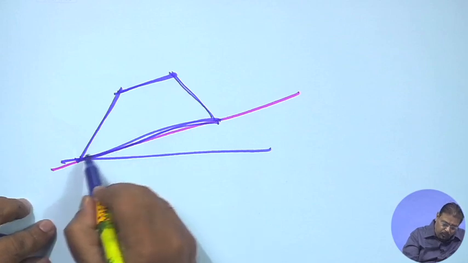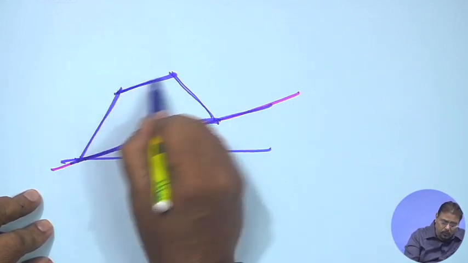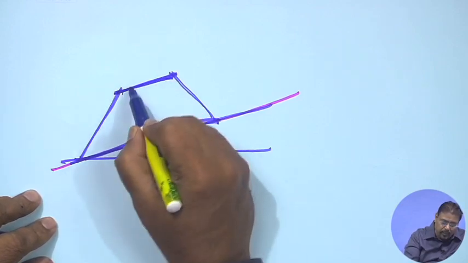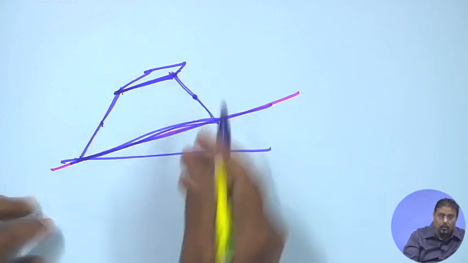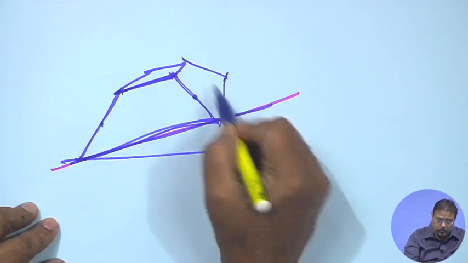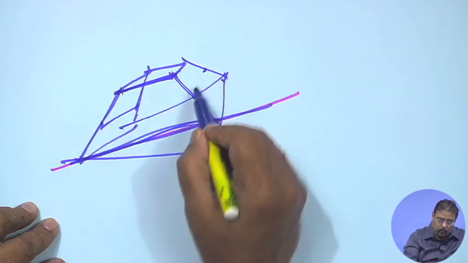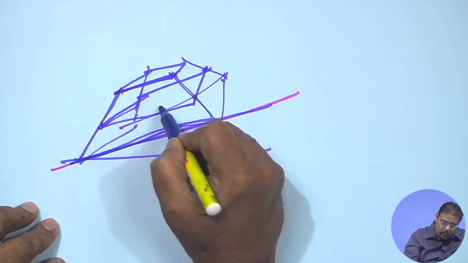What you do is, you take this as a base, and this one is sloping, not parallel to this. You take the area of this, find out the midpoint of all these slanting edges, and connect all those midpoints of the slanting edges, and find out the area of this.